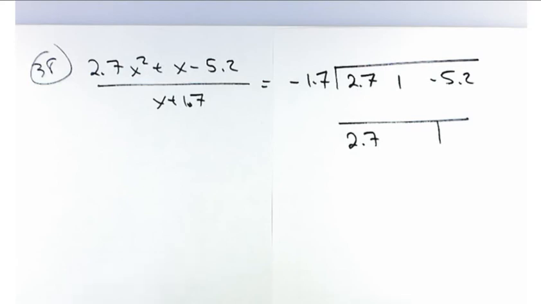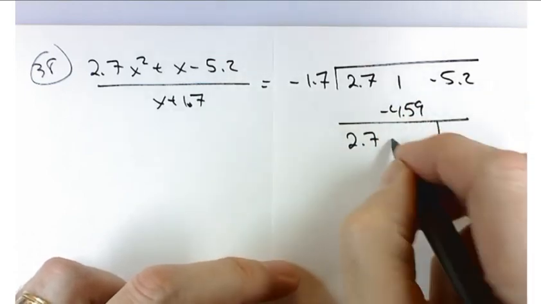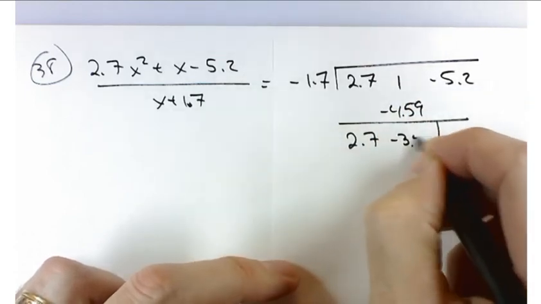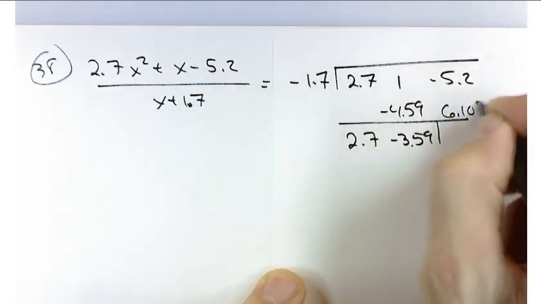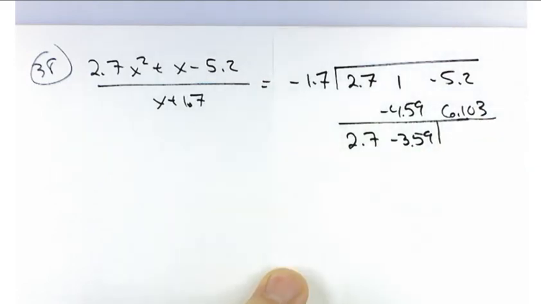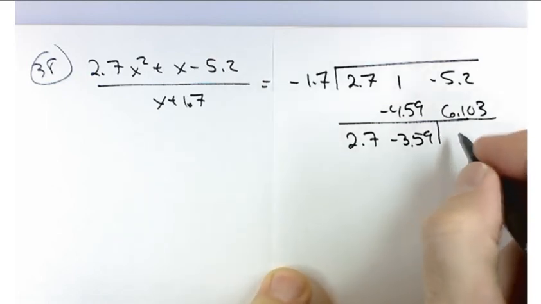Yeah, I don't know how I could have gotten that one. 5.49, so it'd be negative 3.59. Then 6.103. Does that look better? Minus 5.2. So 0.903.